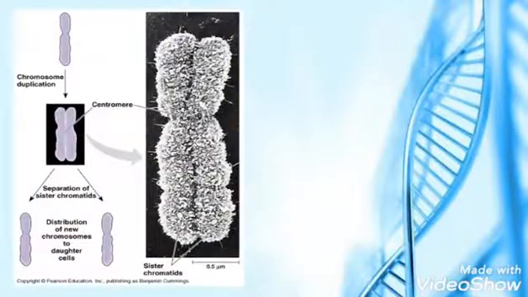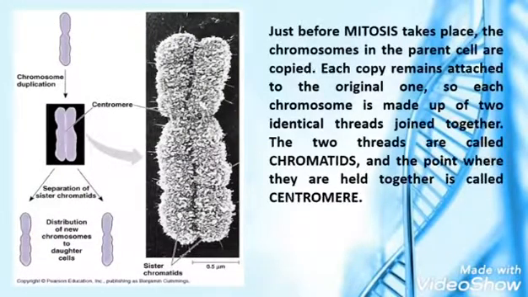Just before mitosis takes place, the chromosomes in the parent cell are copied. Each copy remains attached to the original one, so each chromosome is made up of two identical threads joined together.